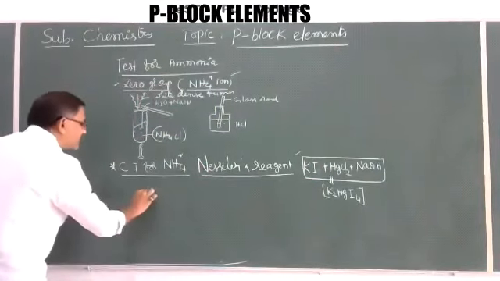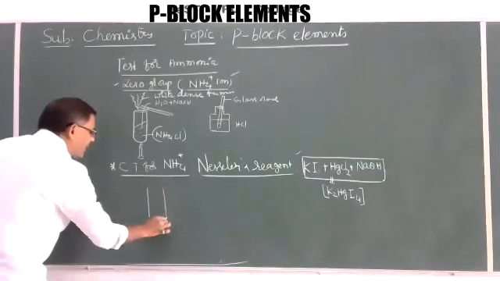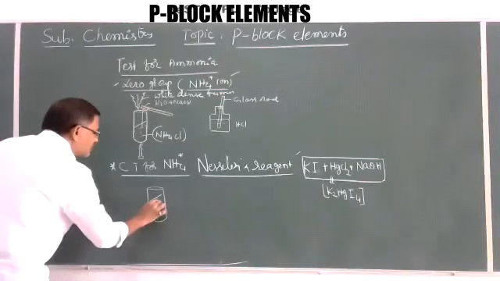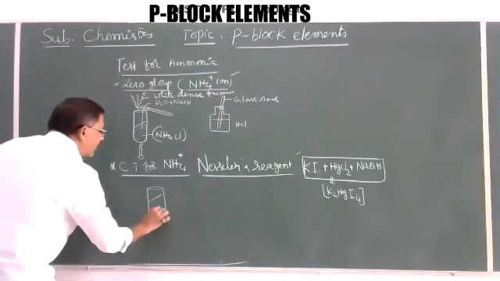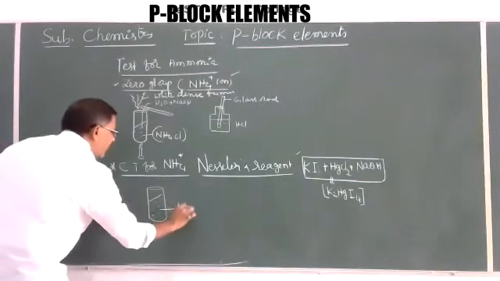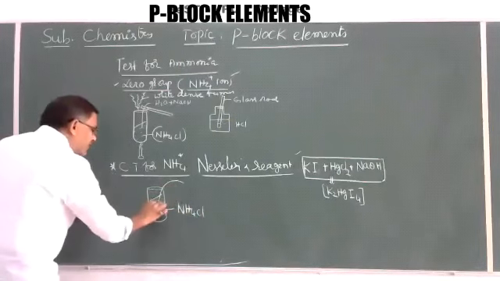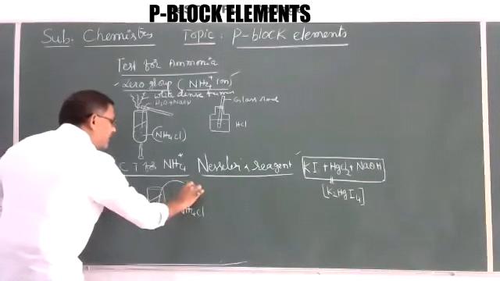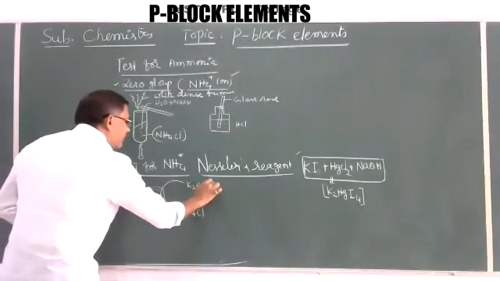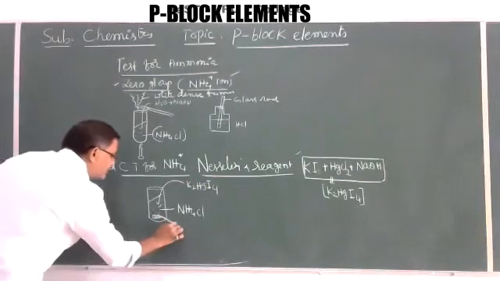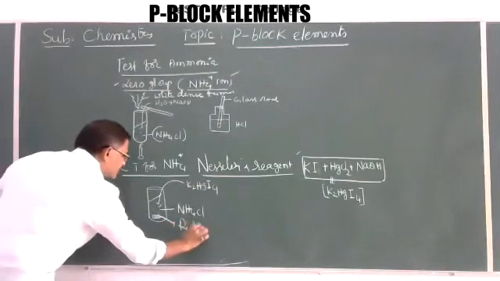This Nessler's reagent is added to the test tube containing the unknown salt solution. That solution may contain an ammonium ion like ammonium chloride. So when Nessler's reagent, K2HgI4, is added, immediately it forms a reddish brown precipitate.